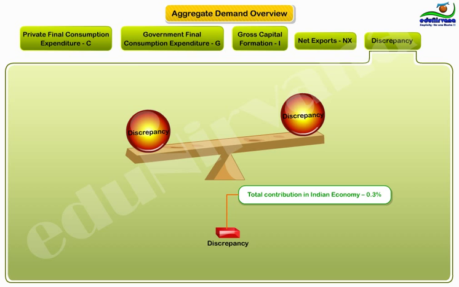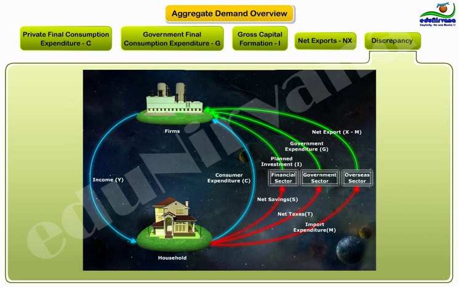Let's now sum all of them to see whether it is 100% or not. C, that is consumption in our equation, Private Final Consumption Expenditure, PFCE, is 58.5%. G, that is government expenditure in our equation, Government Final Consumption Expenditure, GFCE, is 11.6%.